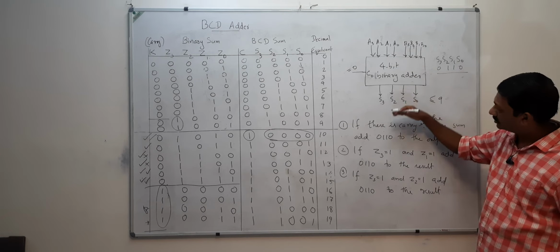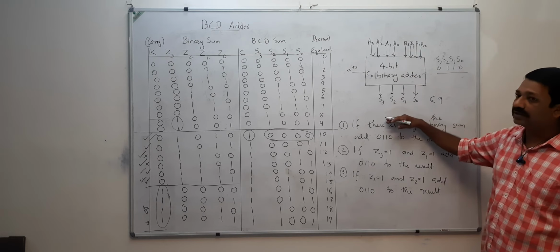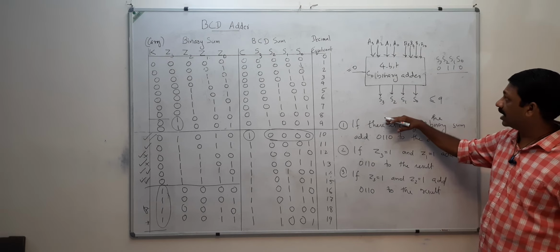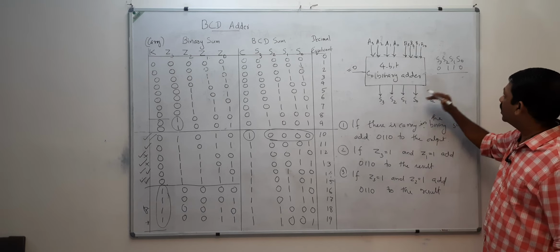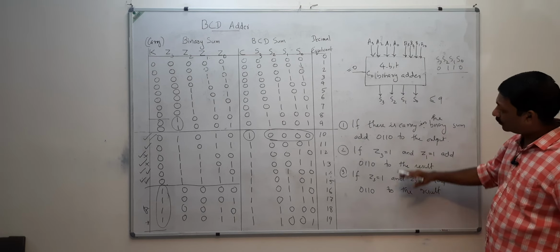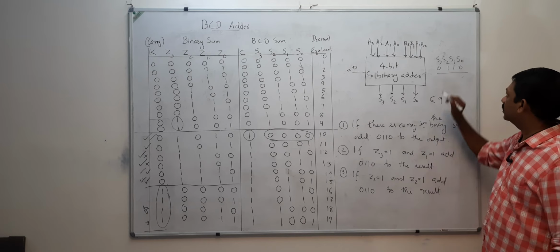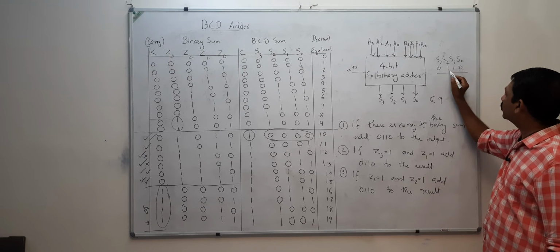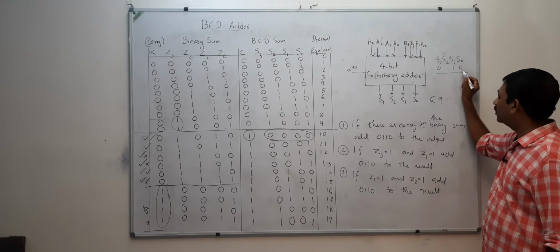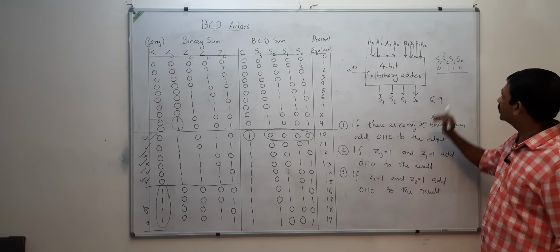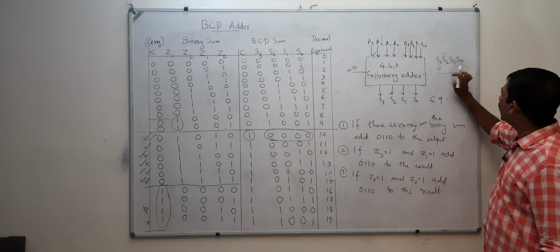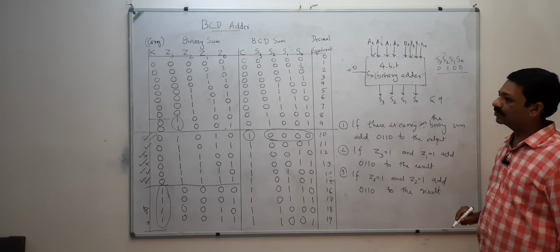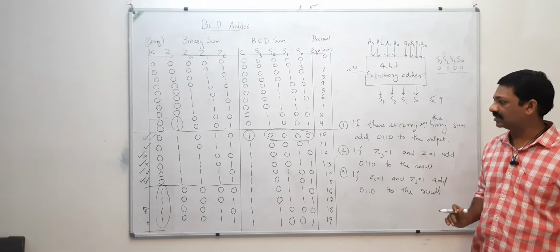That means this has to be fed to another 4-bit binary adder, and if any one of these three conditions is satisfied, then we are adding 0, 1, 1, 0, and if these conditions are not satisfied, we are simply adding 0, 0, 0, 0. That means simply bypassing the result.